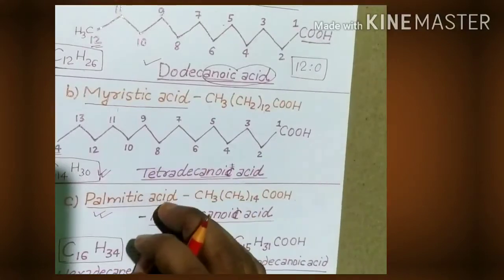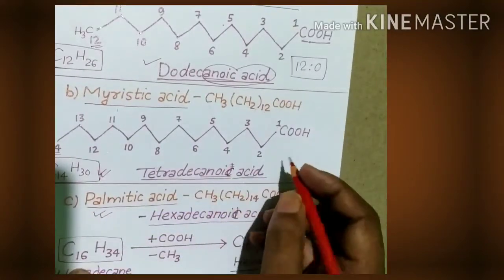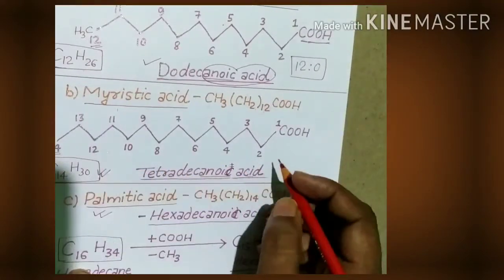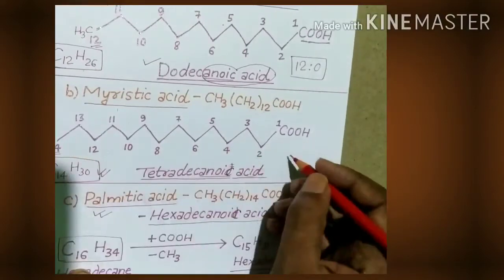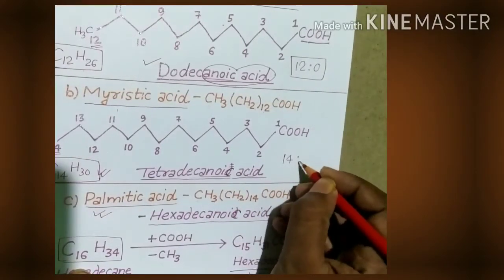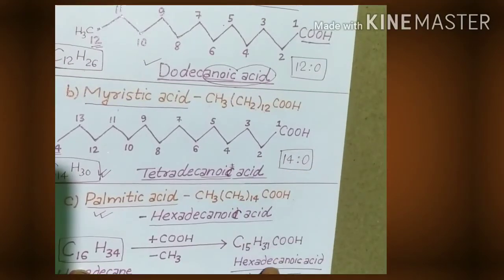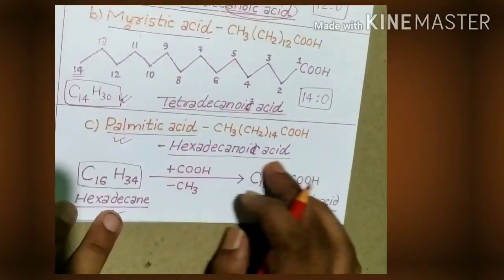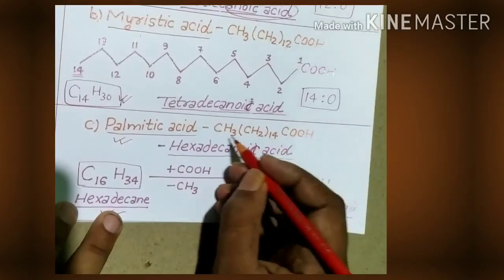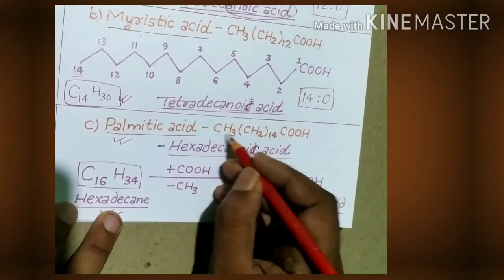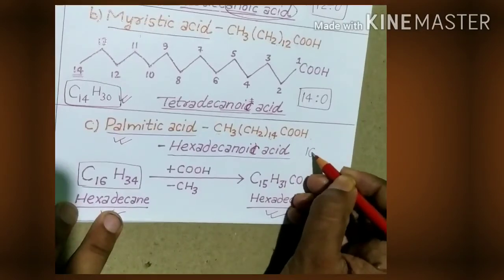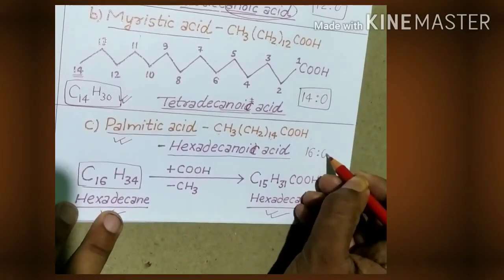Similarly, in myristic acid, the number of carbon atoms is 14, so 14:0, no double bond is present. In hexadecanoic acid, the number of carbon atoms is 16, so 16:0. The number of double bonds is 0.